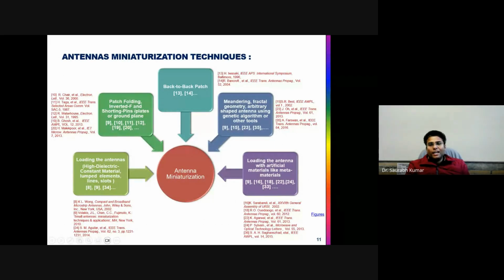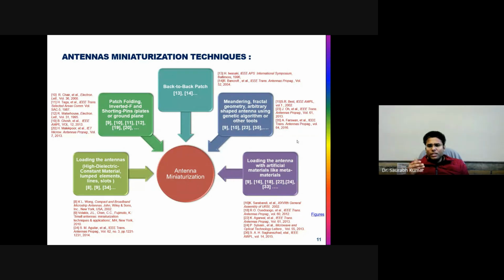Now, loading the antenna with artificial material like metamaterial. This artificial material can be your electromagnetic band gap structure. It can be your magnetodielectric material. It can be your reactive impedance or artificial magnetic conductor surfaces.